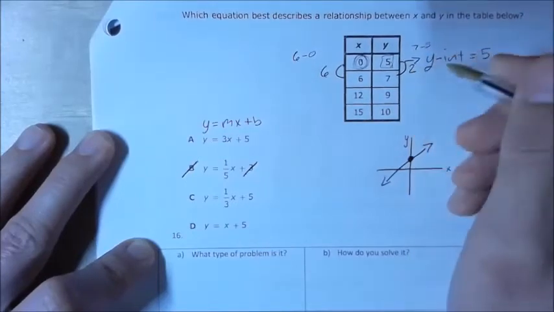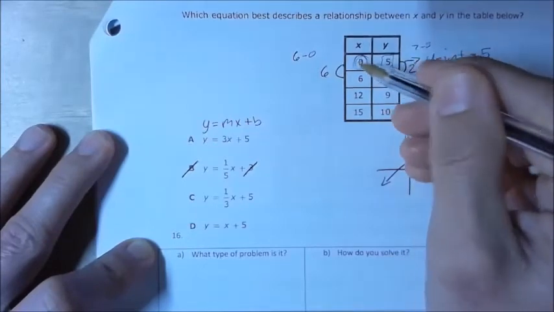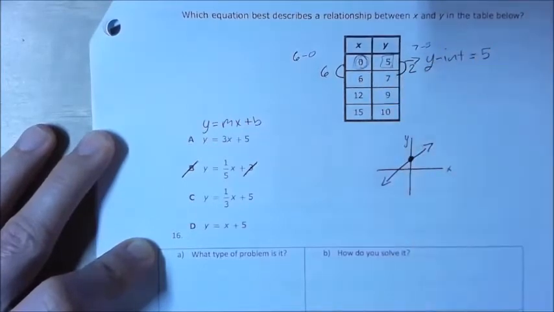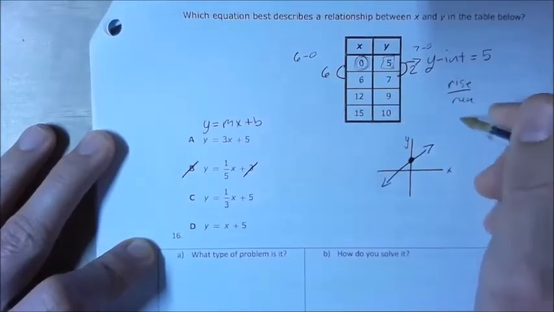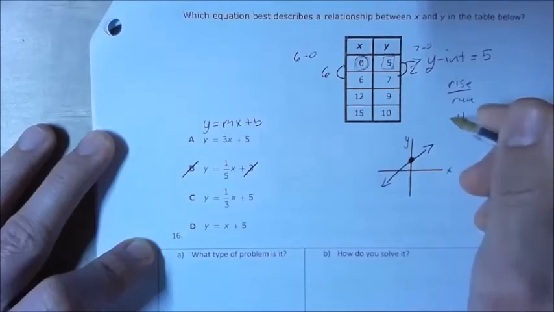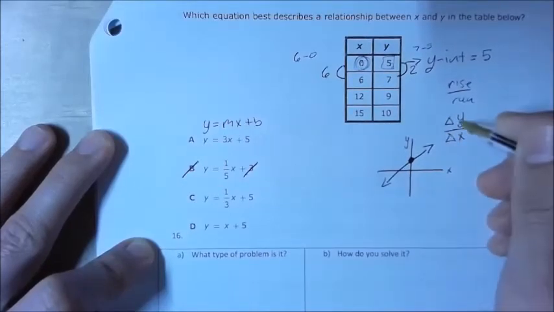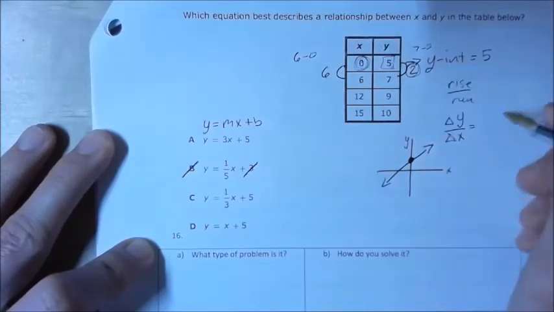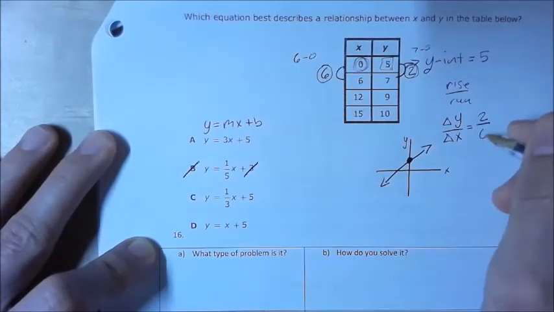That's going to give me a positive 2. So we changed a positive 2 here, and we changed a positive 6 here. Now, it's key to remember that when we write slope, it's rise over run, which is represented by our change in y over our change in x. So our change in y was 2, and our change in x was 6.